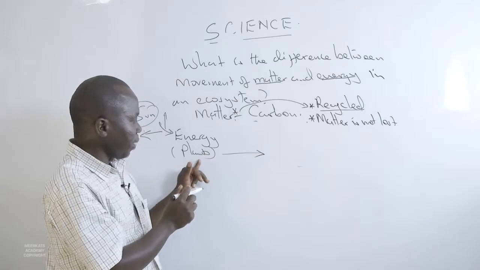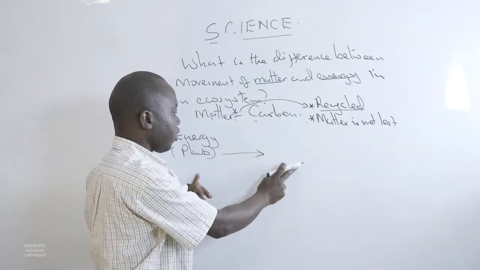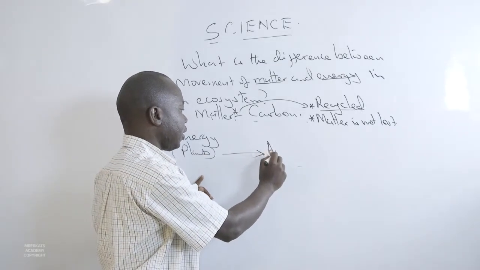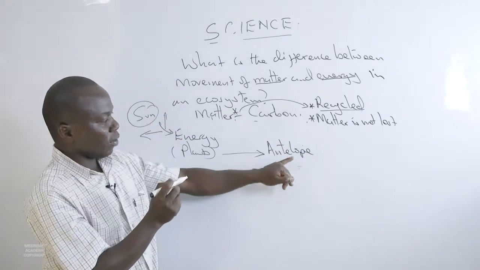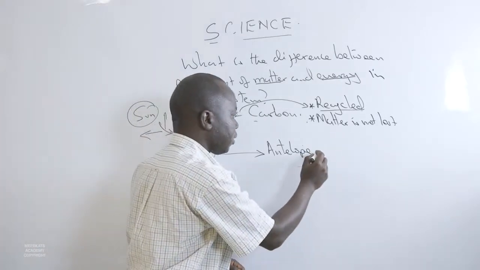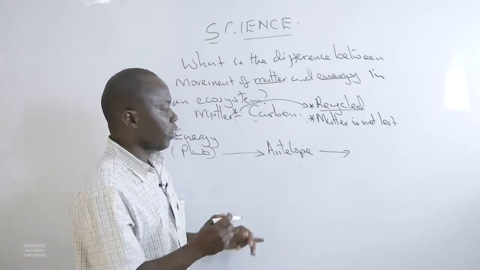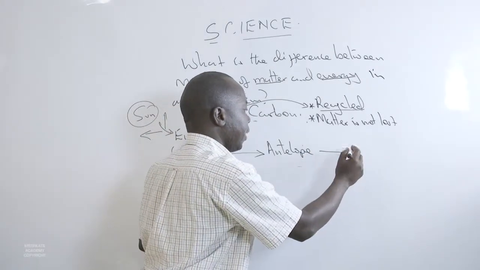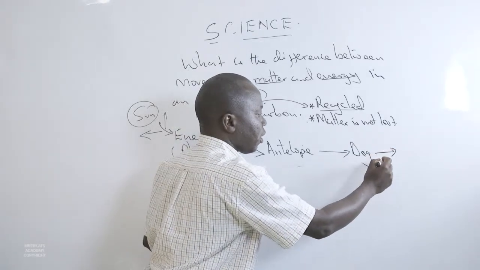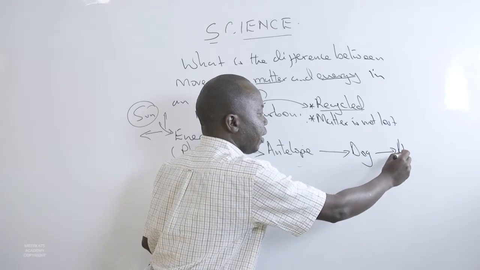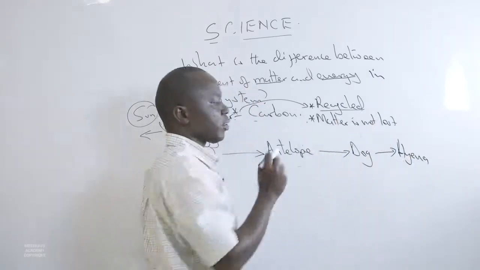But as it gets into plants, when the plants are fed on by antelope, that energy will flow into the antelope. When the antelope is fed on by a dog, energy flows into the dog. And when it is fed on by a hyena, energy flows into the hyena.